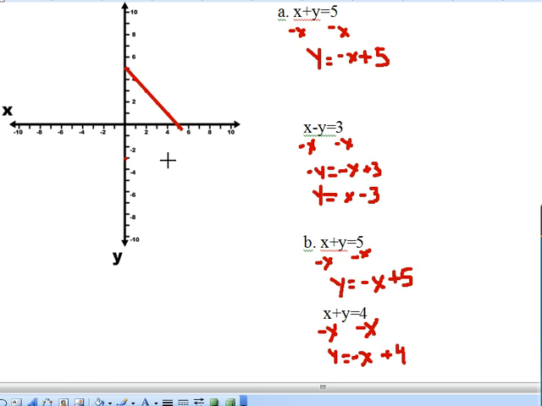Then our slope is 1 over 1, so we're going to go up 1 over 1, up 1 over 1, and so on. So I'm going to go ahead and graph this line.